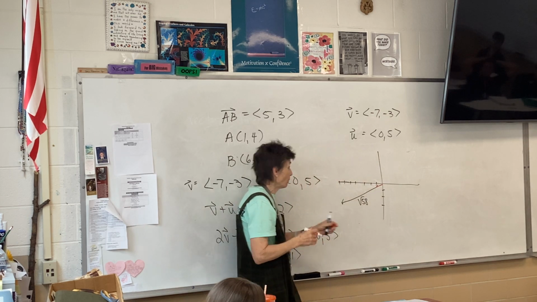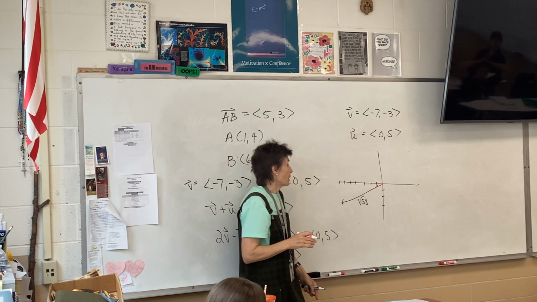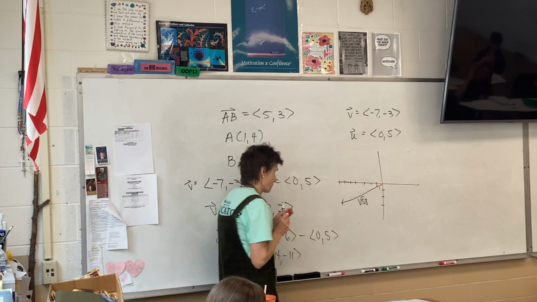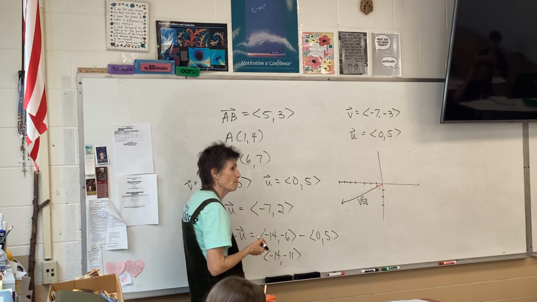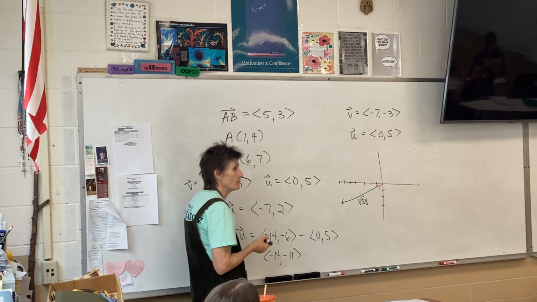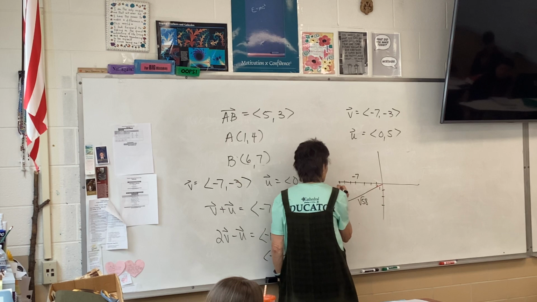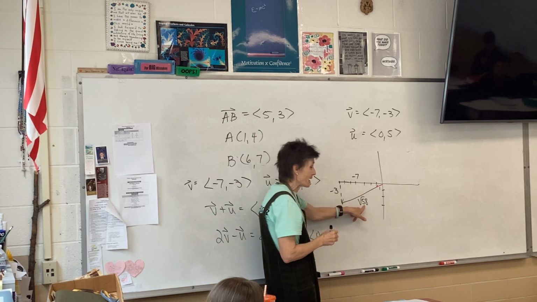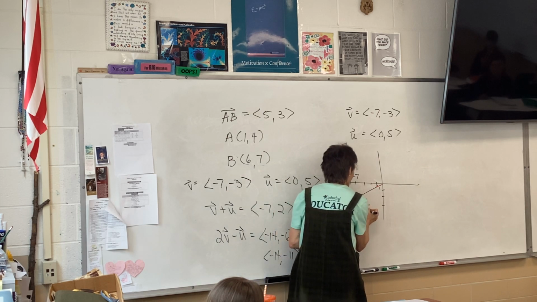So first of all, would you agree that's in the same direction, same slope? But now it can only be 1 unit long. Would you put like negative 7 over square root of 58? Very good, Jack. If you want this side to now be 1, you're going to divide it by root 58.